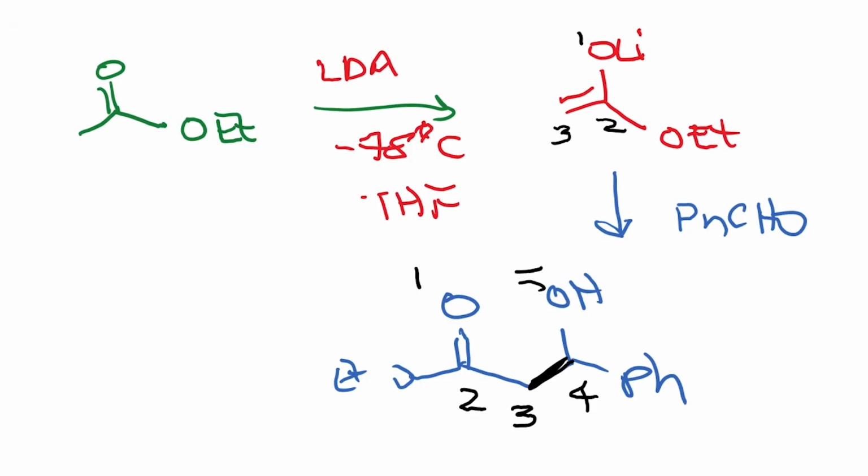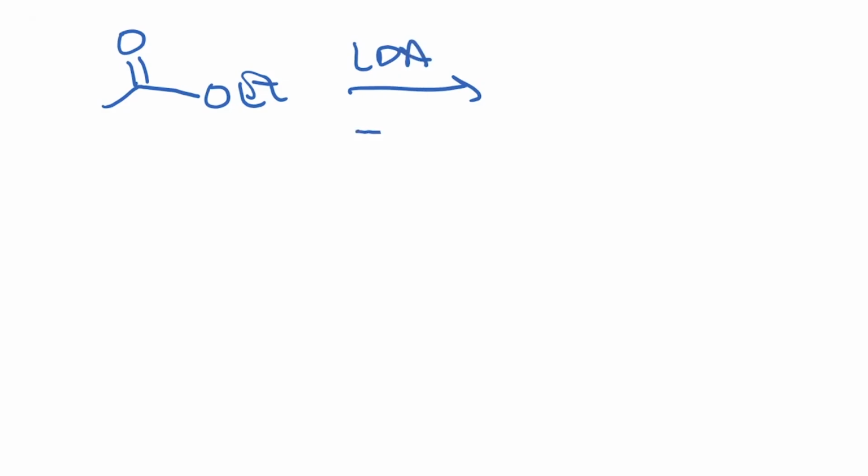Now the next method is to generate the silyl enol ether, which also can be done. If I start with the ester and react it, I might need to use a little bit of a stronger base here sometimes, and the base that I would use here is LDA at minus 78 degrees centigrade.